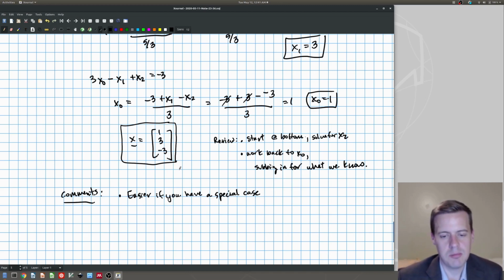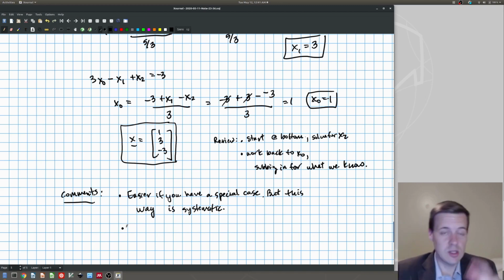But this way is systematic, and it almost always works. It always works unless there's a few cases where you have to swap some rows around. But it almost always works. We'll talk about that a little bit, about when it doesn't work.